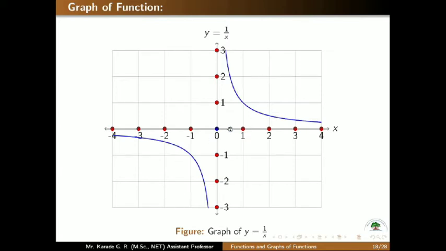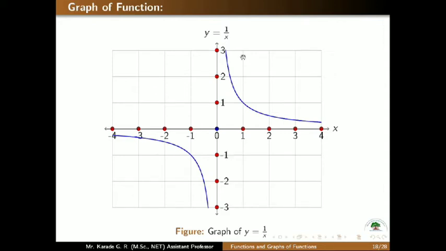In the first quadrant, as values of x go on increasing, the values of the function go on decreasing. So this is a decreasing function. And in the third quadrant also, as values of x go on increasing, the functional value goes on decreasing. So here also it is a decreasing function.